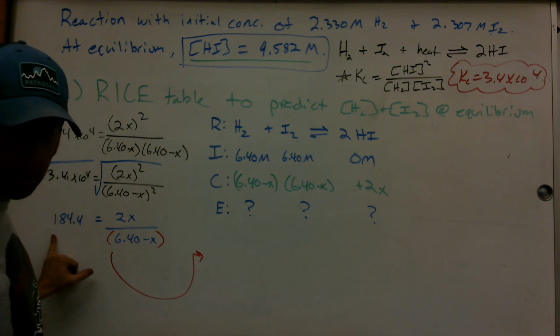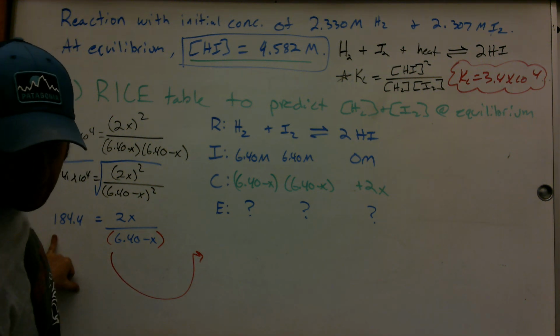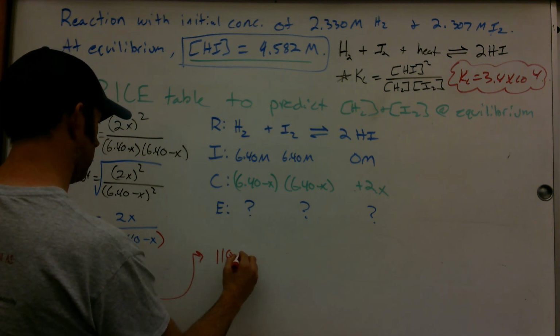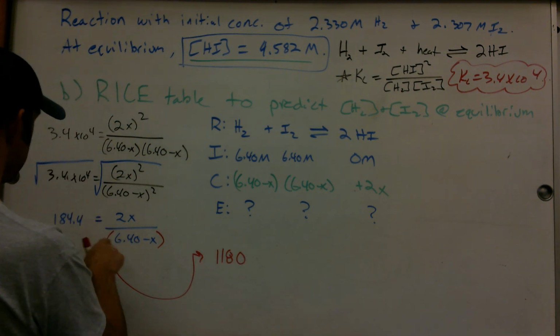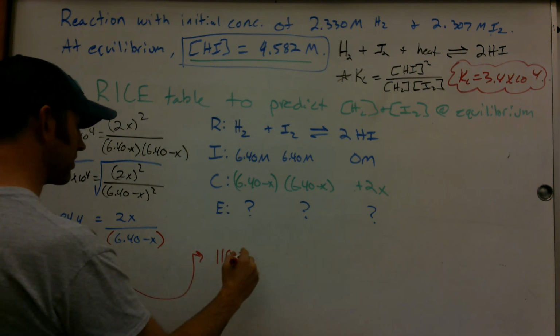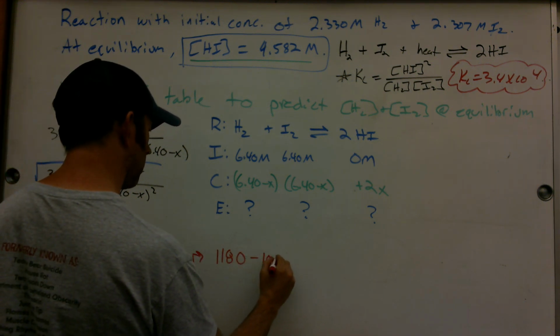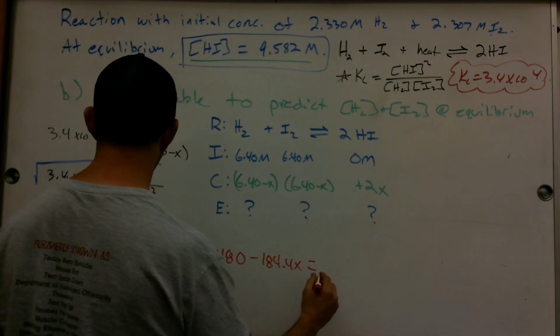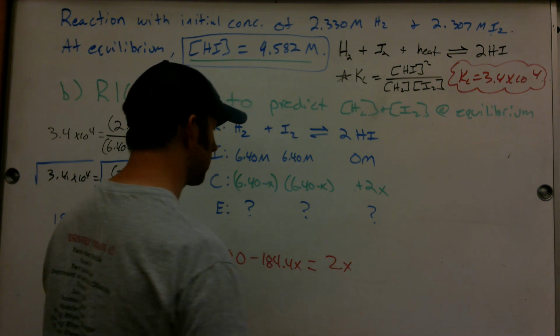I should get 1180, and then 184.4 times x equals 2x.